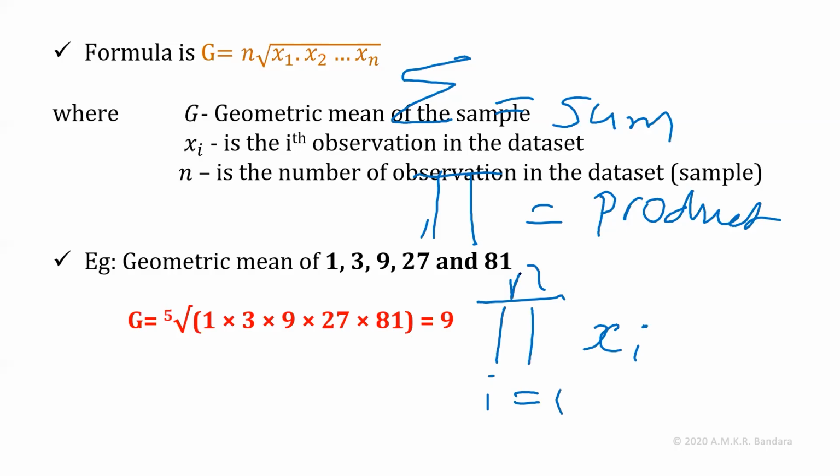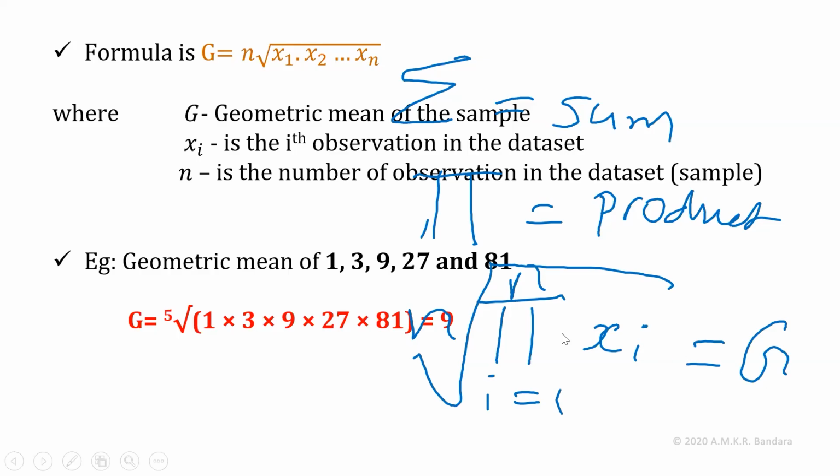That means I need to multiply each and every observation to get this part. And in order to get the geometric mean, I need to get the nth root of this product. So geometric mean we represent using G. So geometric mean is equal to the nth root of the product of every observation in the data set.